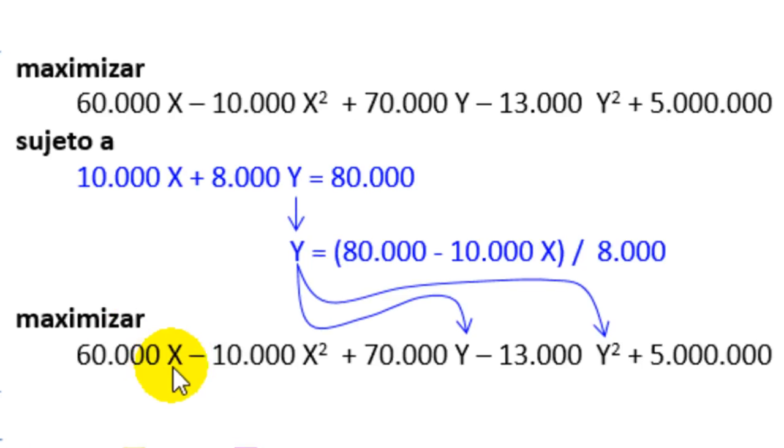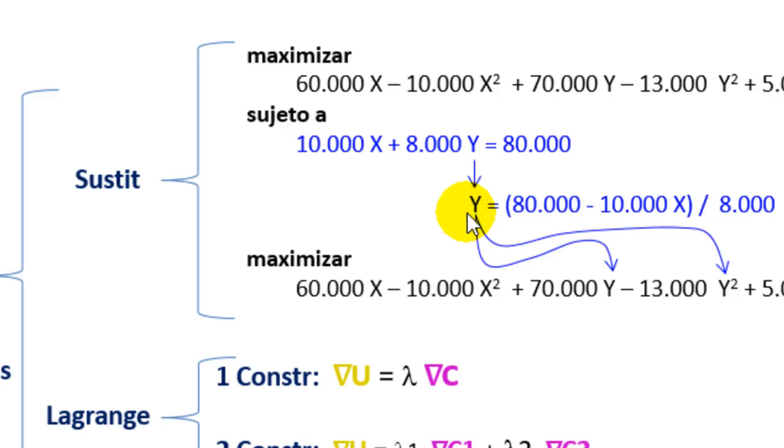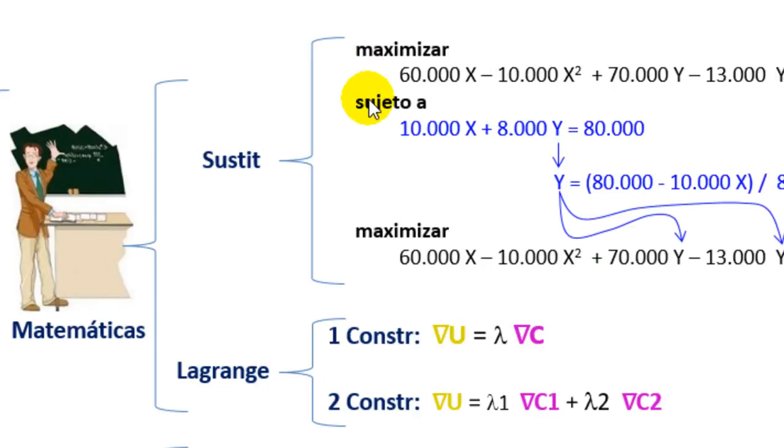Then the value that you get for x, you put it here, and then you get the y, and then you get the solution. So this would be substitution in a nutshell.